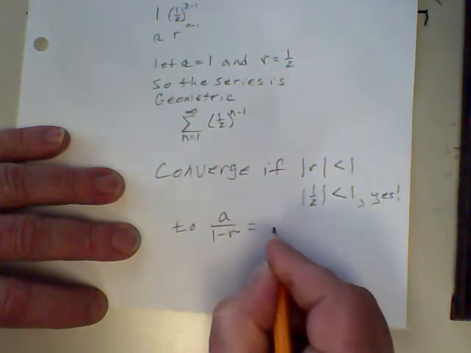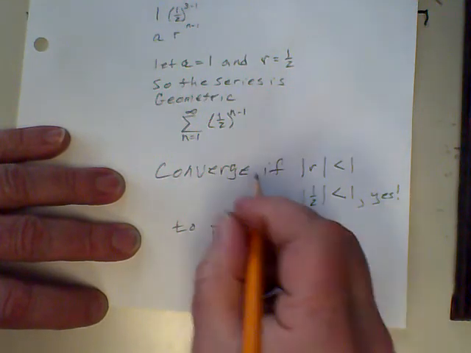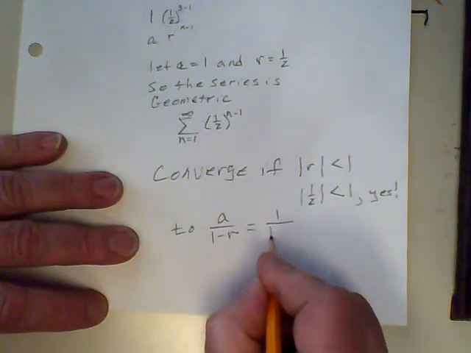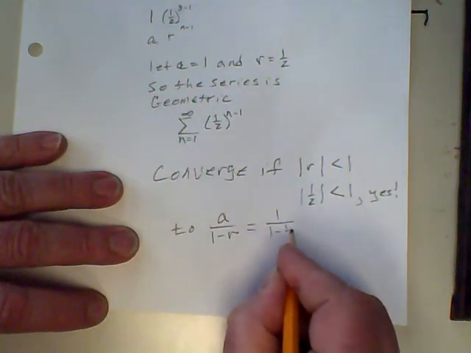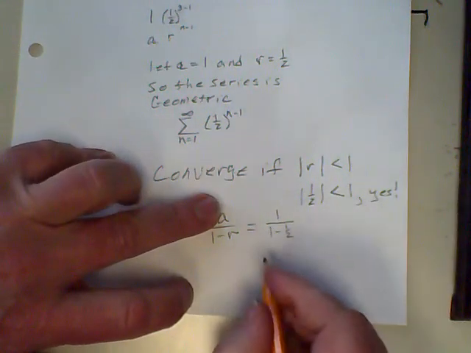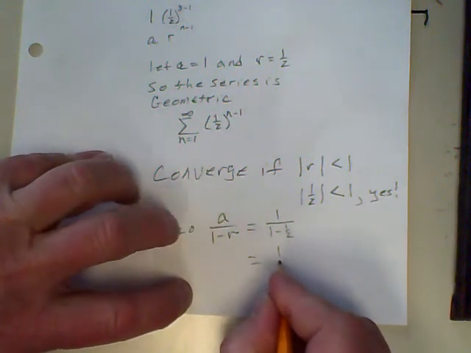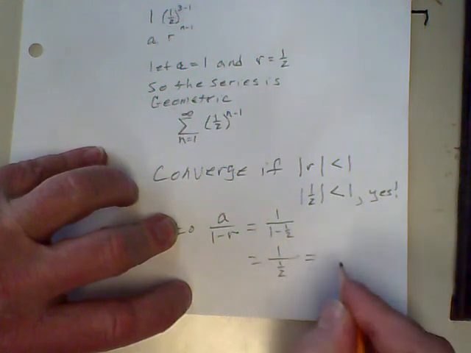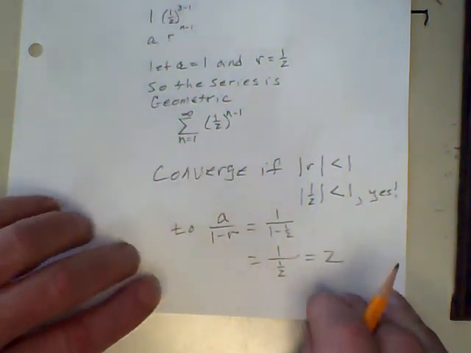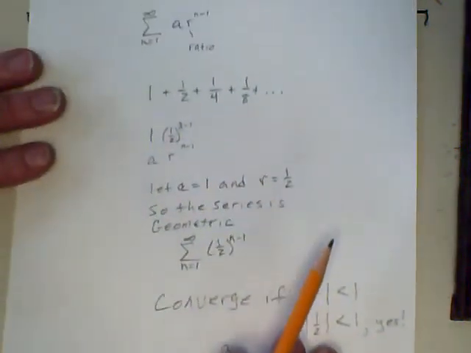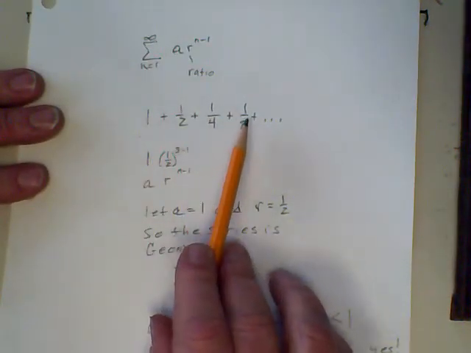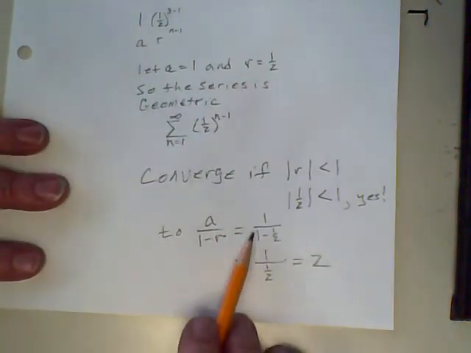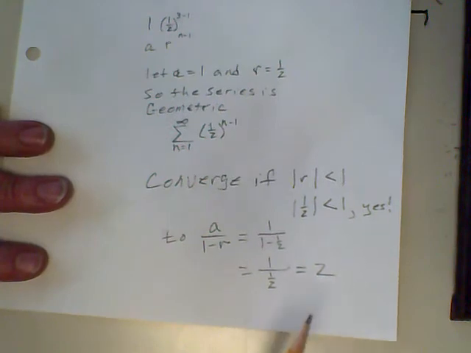So in our case, a is 1 from right up here, and r is 1/2, so 1 over 1 minus 1/2. So that would be 1 over 1/2. And when we invert and multiply, we see this converges to 2. So when we add up all of the terms in this geometric series going all the way out to infinity, we're going to end up with a total of exactly 2 if we can go far enough.